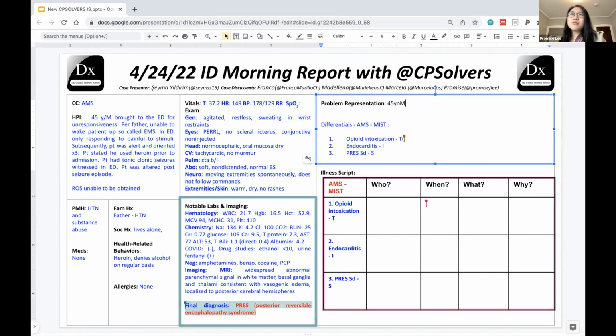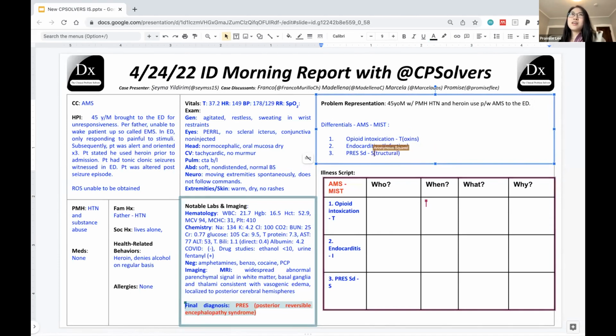So we started our diagnostic journey using the MIST mnemonic, and in the box you can see a visual representation of the basic illness script that we described in the beginning. And you can see there are the 4 W's that we talked about, and I think that time is always a good place to start.